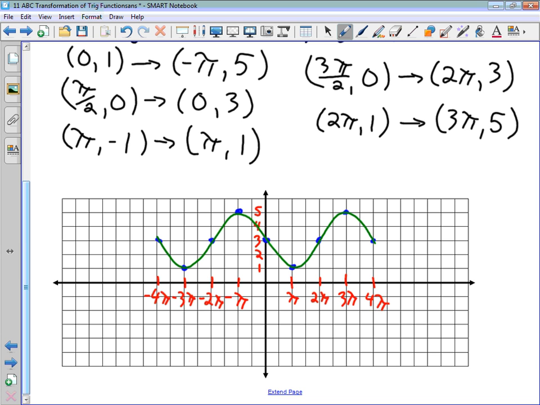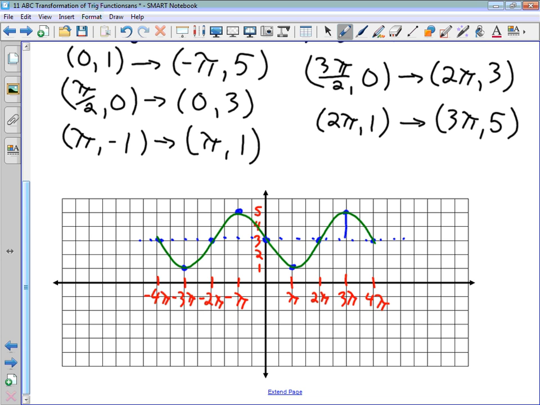And we should double check that it makes sense based on our values of a, b, c, and d. If we look at this, our midline is going to run right through here. That's been shifted up 3. Our amplitude is clearly 2.